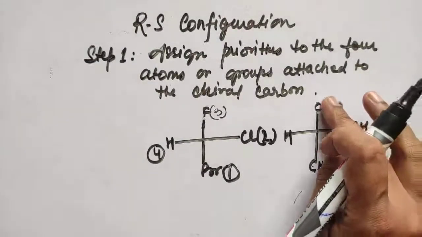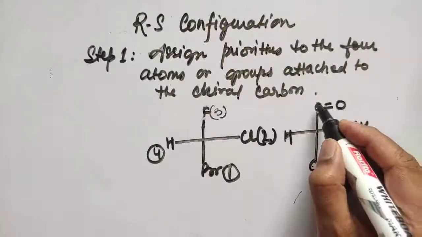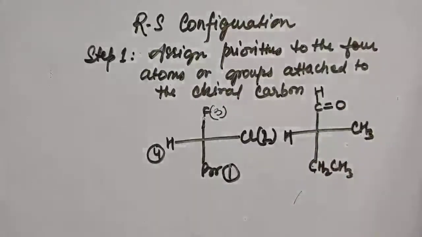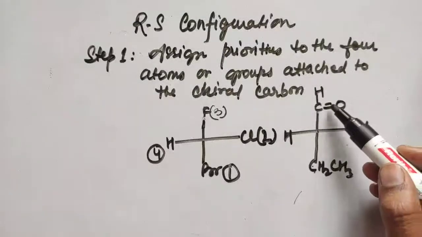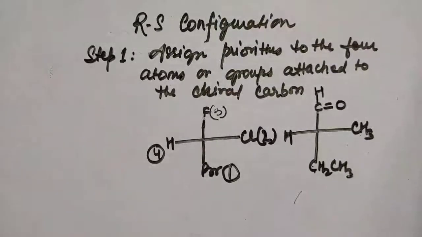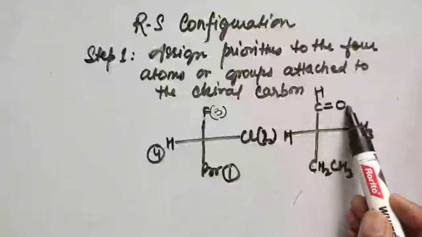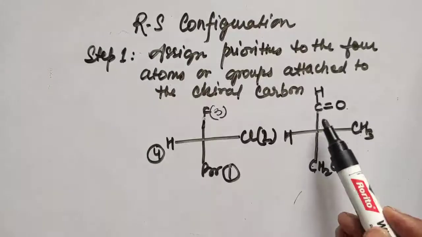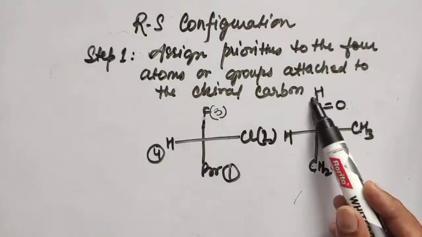If I write this group, opening the structure, we will have to write this CHO. A double bonded or a triply bonded group is treated as if it is attached to 2 or 3 atoms. For example, here carbon is doubly bonded to this oxygen. It is treated as the carbon is connected to 2 oxygens and 1 hydrogen.